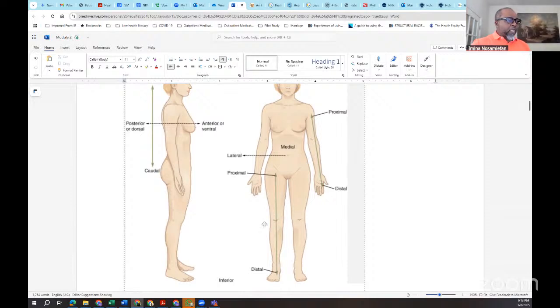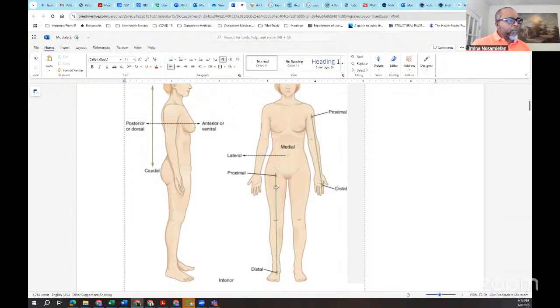So this is the knee, and this is the ankle. The ankle is distal to the knee, and the hip is proximal to the ankle. The closer to the trunk you go, you say it is more proximal.